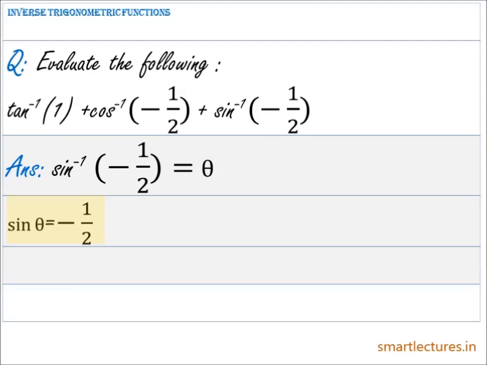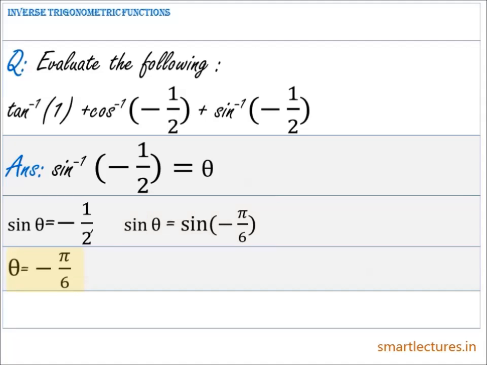And for which angle the sine is equal to minus half? If you remember, that angle is minus 30 degree or minus pi upon 6. So we can write sine theta is equal to sine of minus pi upon 6, and that means theta is equal to minus pi upon 6.